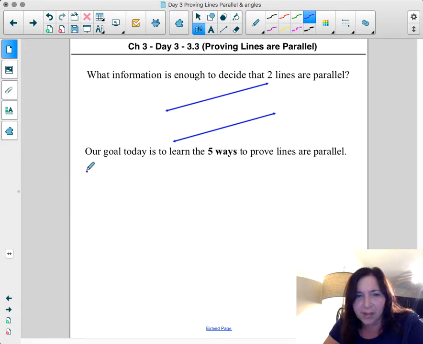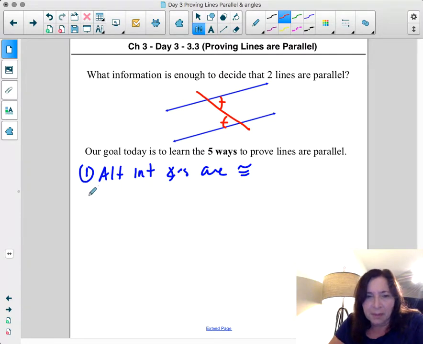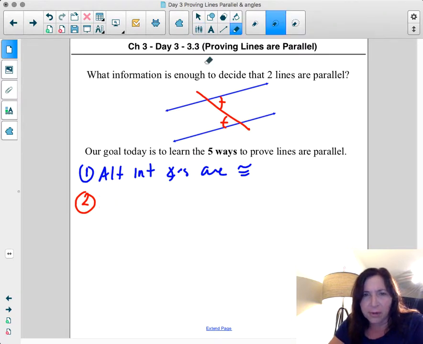The first way to prove that lines are parallel would be to prove that the alternate interior angles are congruent, meaning I could have this line here and I could prove that this angle is congruent to this angle here, and that's my first way. My second way would be to prove that corresponding angles are congruent.